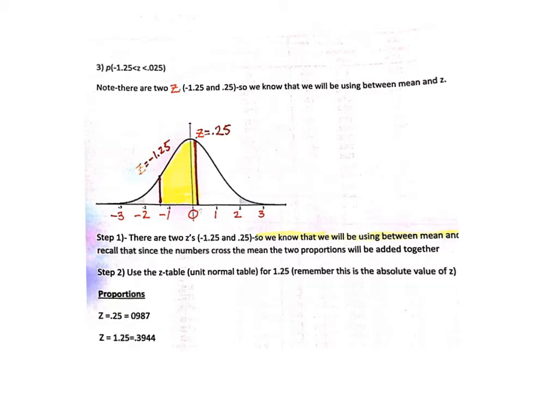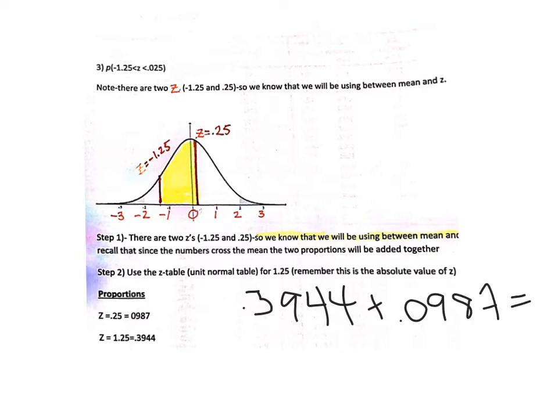So in order to solve this problem, once you have those two values, you merely add them together. So you would add together 0.3944 plus 0.0987 in order to get the entire proportion.